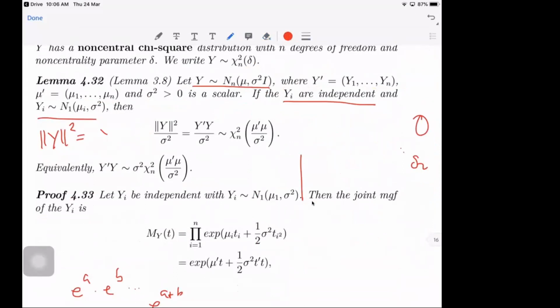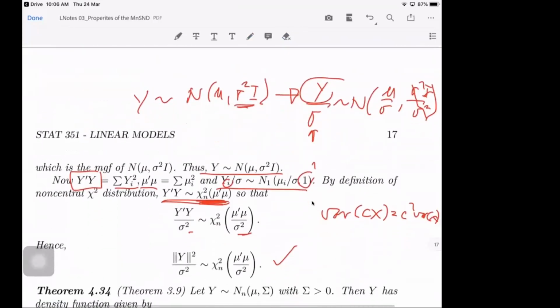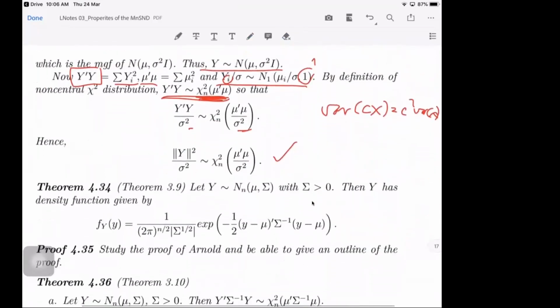And then if you take the quadratic form y prime y, it can be chi-square. And this is the non-centrality parameter, mu prime mu. So if you divide there, you also divide the non-centrality parameter. Okay.